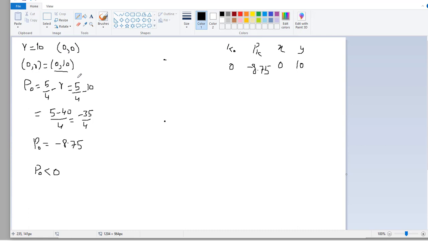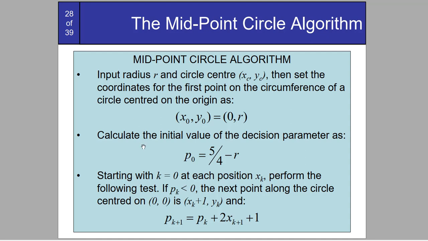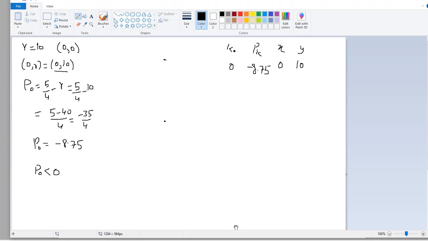Now after this algorithm we say that if P0 is less than 0, then we will use Pk plus 2xk plus 1 plus 1. So P1 is equal to P0 plus 2xk plus 1 plus 1.